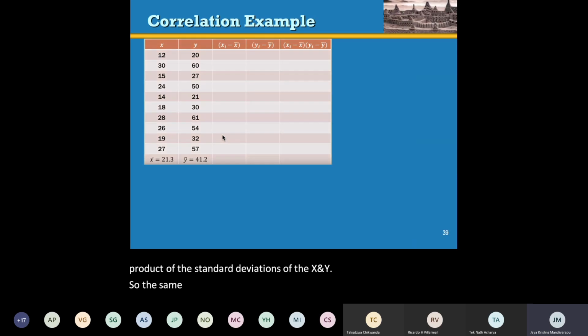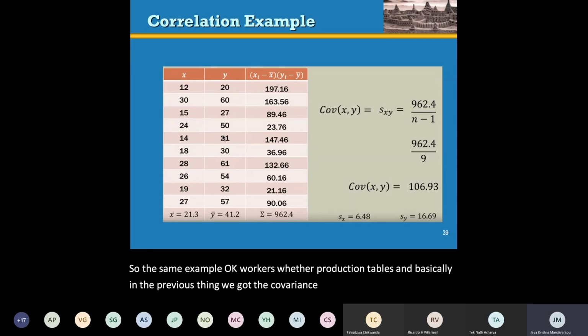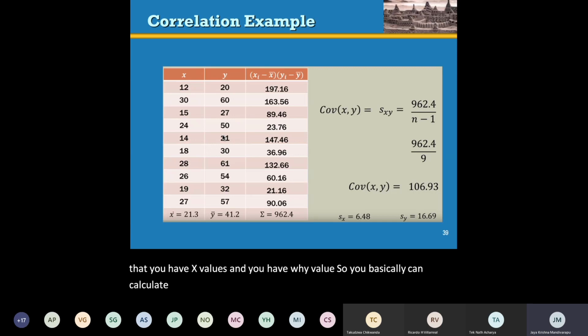Okay, so the same example: workers versus the production tables. In the previous part we got a covariance of 106.93. Now you have x values and y values, so you can calculate the standard deviation using the square root of the sum of (x minus x bar) squared divided by n minus 1.